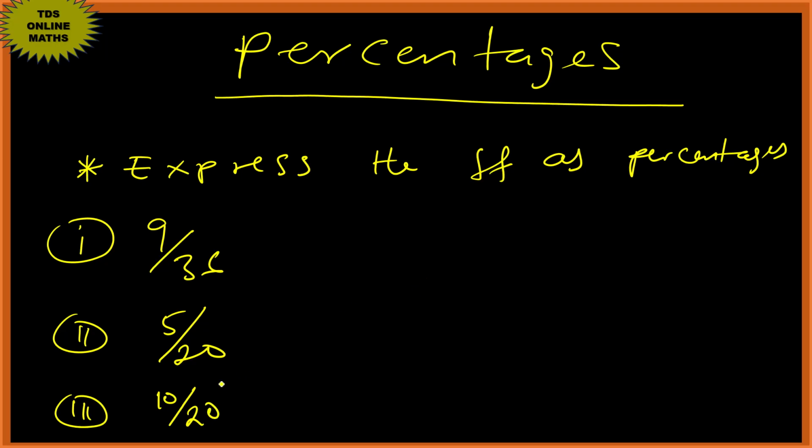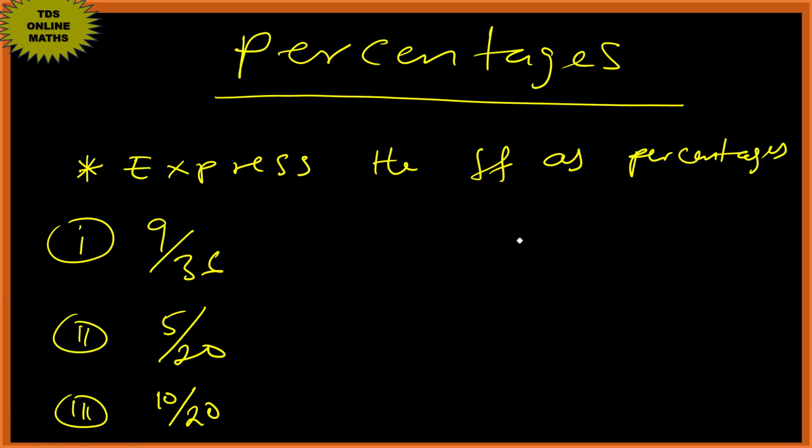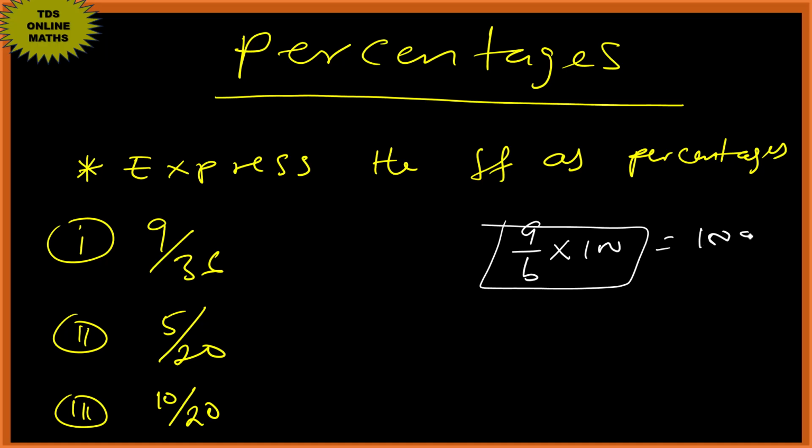All right, let's express the following as percentages. Okay. Now, if we are asked to express A on B as a percentage, just multiply by 100. Okay. So this one is 100 A on B. As simple as that.